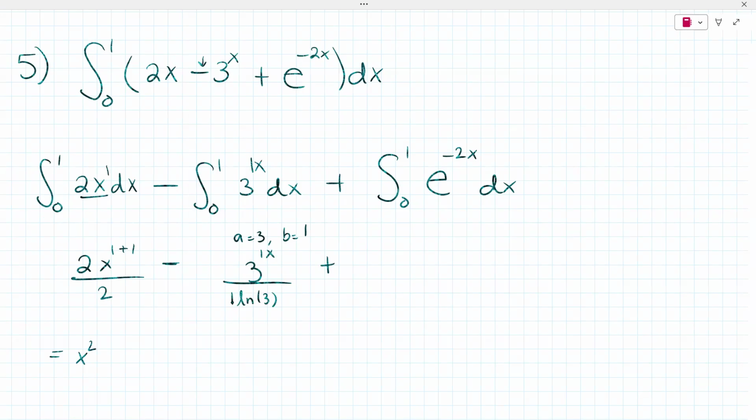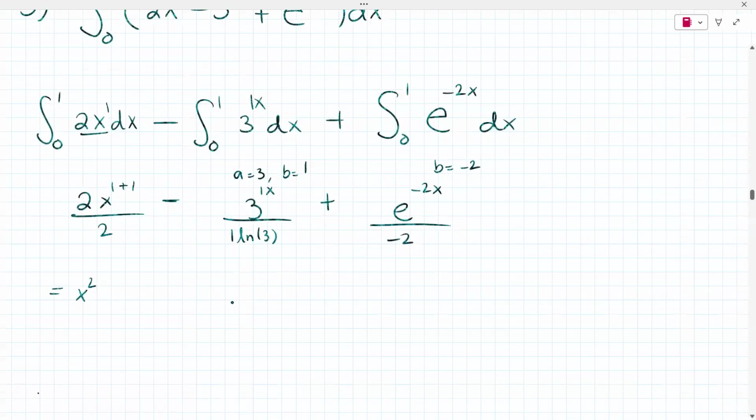So it's an e raised to the power integration, so my b is negative 2. So it's going to be e to the bx, so that's negative 2x over b, which is negative 2, plus no c's, right?